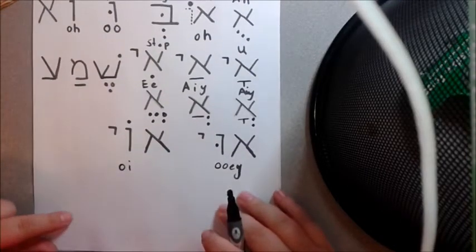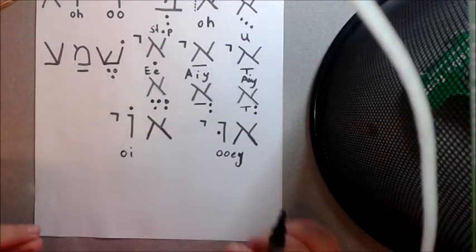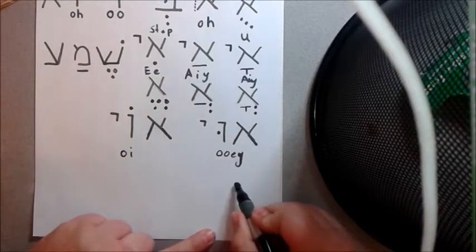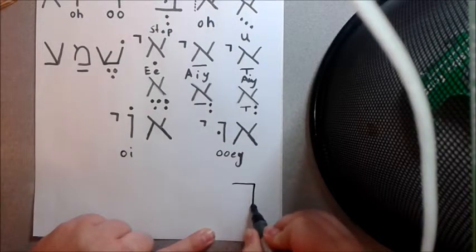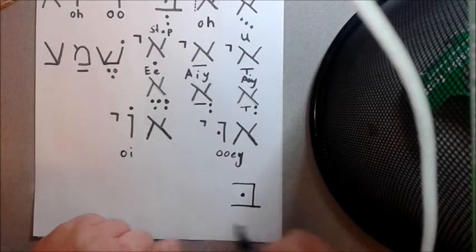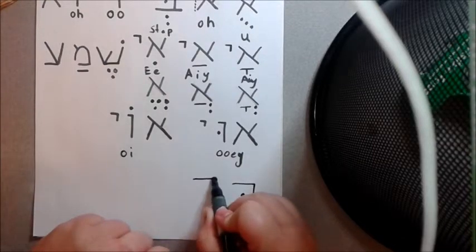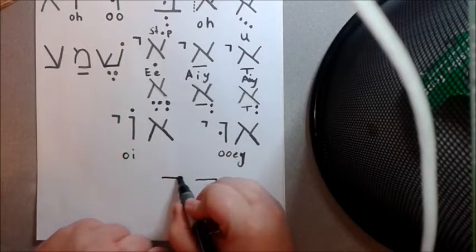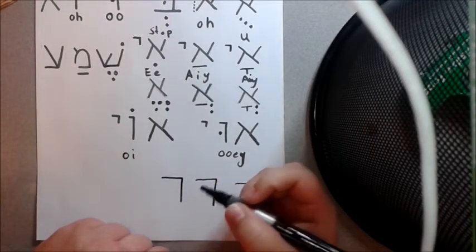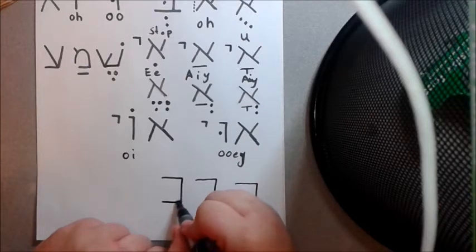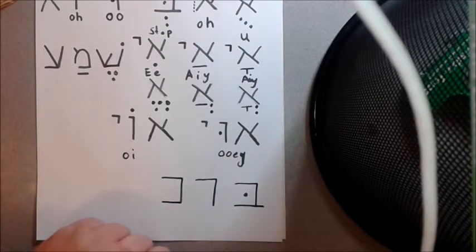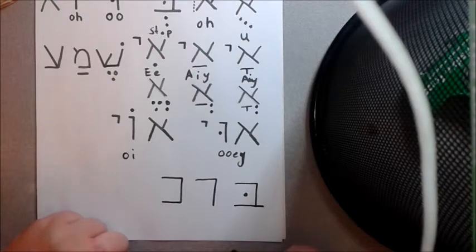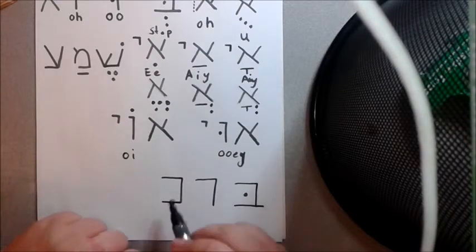I'm going to move my paper up a little bit here to give a better example of some other words down here. Here's a very common word. I'm going to do my bet, resh, and chaf, excuse me.